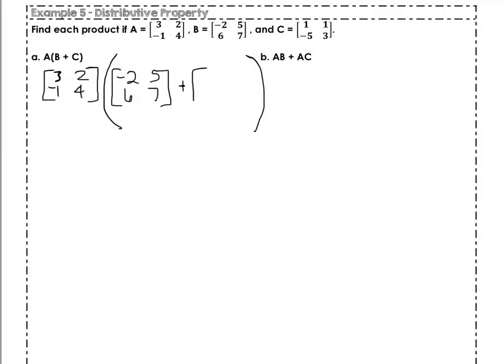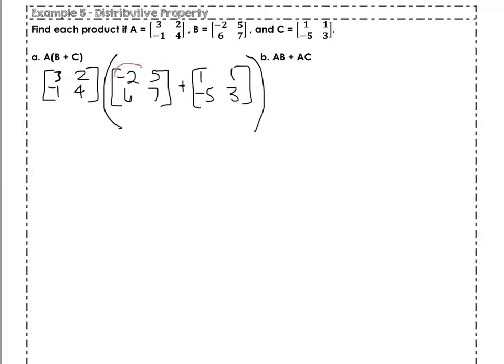All right, so we're going to look at A, which is a distributive property. First off, I'm just going to rewrite this first matrix A, 3, negative 1, 2, 4. Then I'm going to focus on this inside quantity in parentheses here, okay? So I'm going to rewrite my expression, negative 2, 6, 5, 7, plus 1, negative 5, 1, 3, okay?